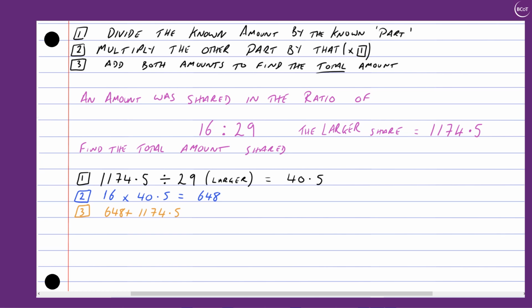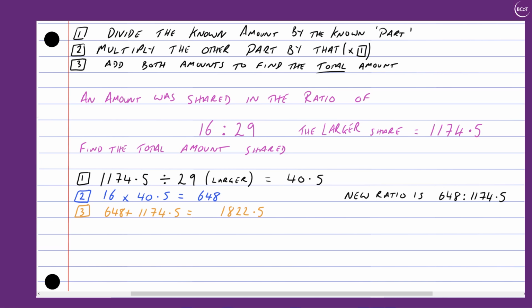So the total amount of stuff that was shared is 648, as in the smaller amount, plus 1174.5, which was the larger amount. And that is equal to 1822.5. So really the new ratio looks like the original ratio multiplied by 40.5 on both sides.